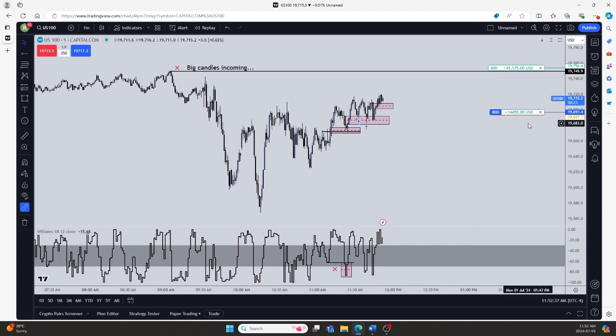And the longer we consolidate in here, right, the less interested I become. That's another reason why my stop is where it is at break even.